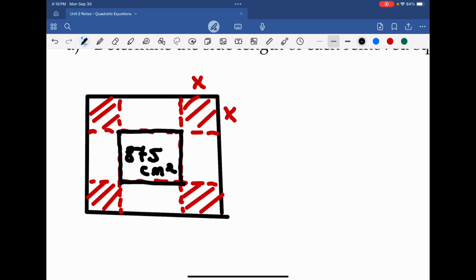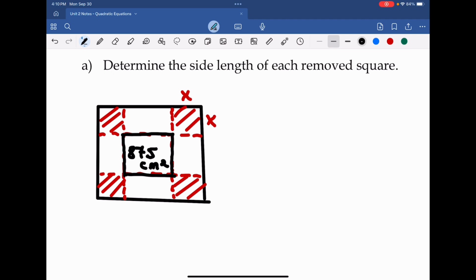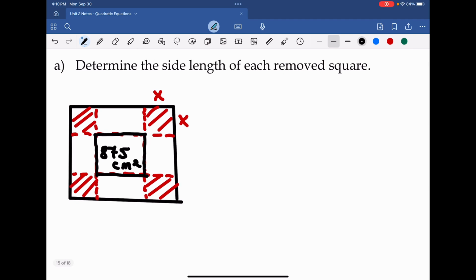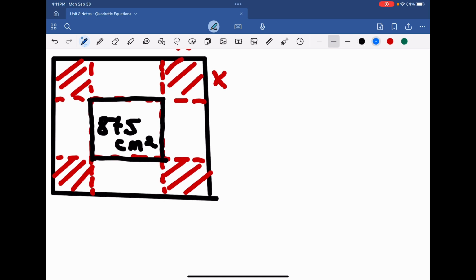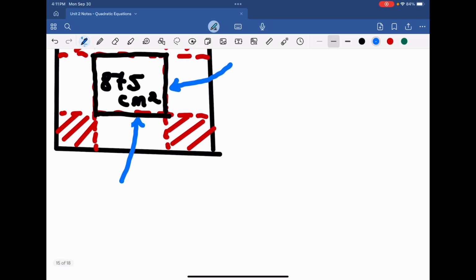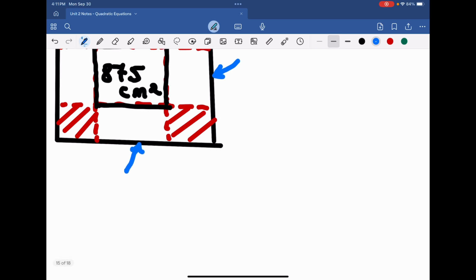Now, we need to figure out what this x value is. So what we're going to do in this situation is set up an equation. First and foremost, when we want to solve for these internal pieces, our internal length and width that make up this box, we're actually talking about here and here, even though those are the same thing.